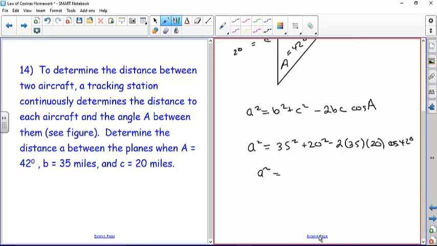So we plug that in our calculator. That's 584. And if you take the square root of that, you get 24.2 miles. Okay, so that's right. So we're done.